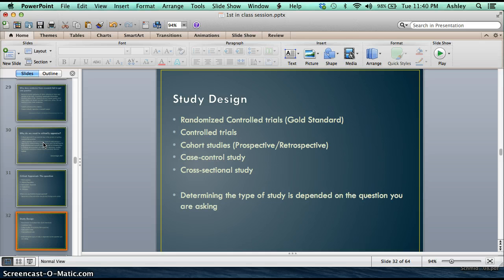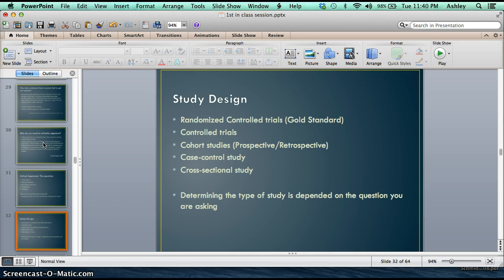Cohort studies, well, those generally identify a group of patients who may already be taking a particular treatment or already have an exposure. Then they follow those patients and compare the outcomes with a similar group that generally has not been affected by the treatment or exposure that they are looking at. Okay, these are observational studies.